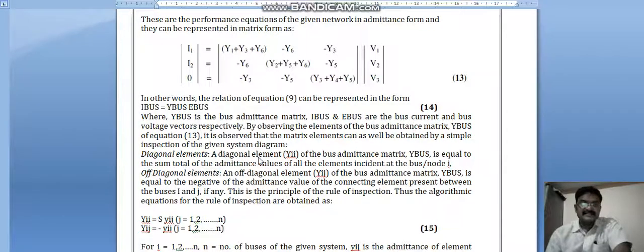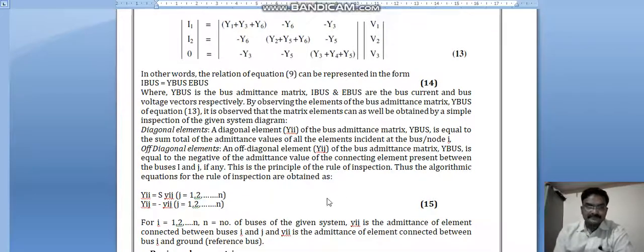Diagonal elements: the diagonal element Yii of the bus admittance matrix is equal to the sum of the admittance values of all the elements incident at bus node i. Off-diagonal elements: the off-diagonal element Yij is equal to the negative of the admittance value of the connecting elements present between buses i and j, if any. This is the principle of the rule of inspection.